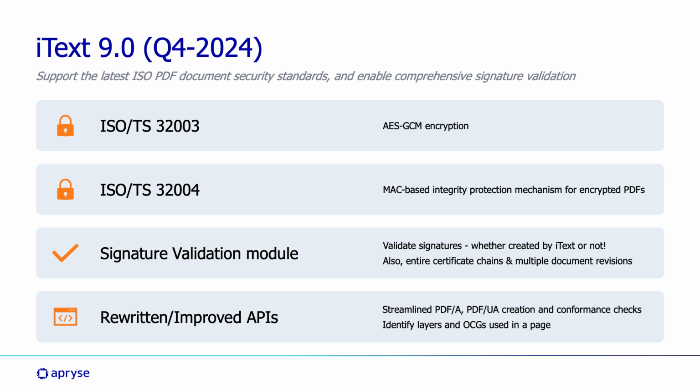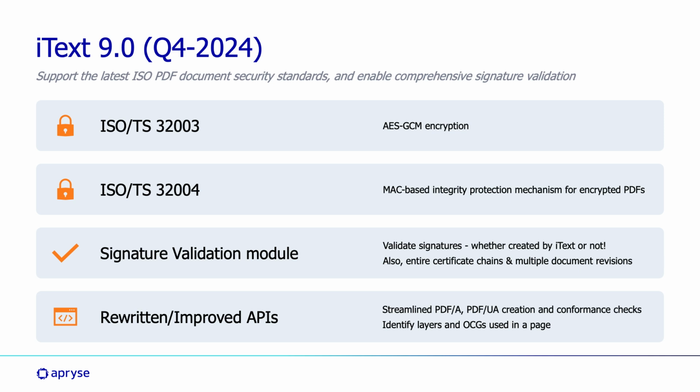So yeah, supporting all of the latest standards. You can see them here, and I'm going to talk about a couple of the things here, specifically the MAC and the validation. Thanks to the work done with iText 8, breaking changes could be kept to a minimum. I mean, we're all developers. I'm a developer, and I do understand how annoying it can be to change things around.